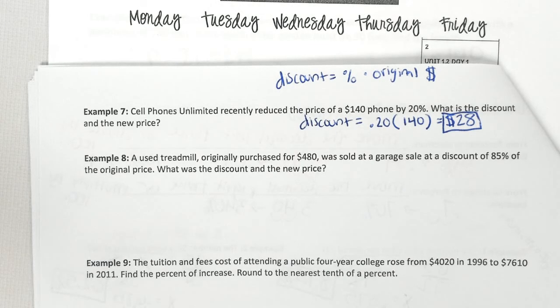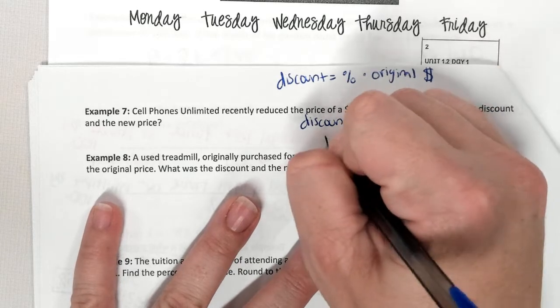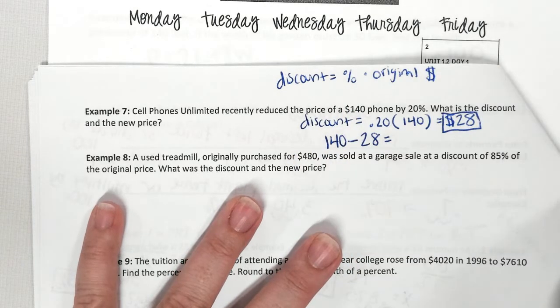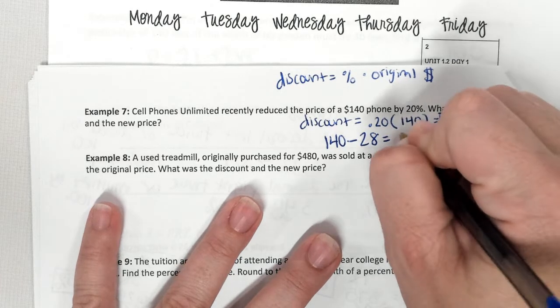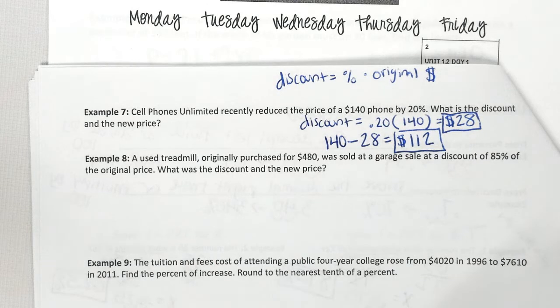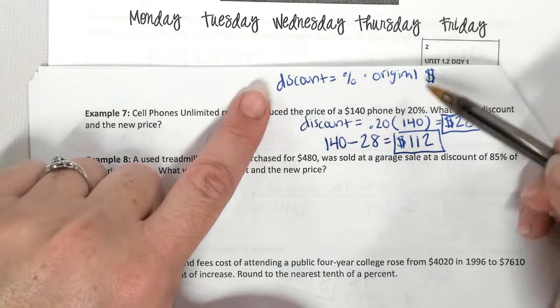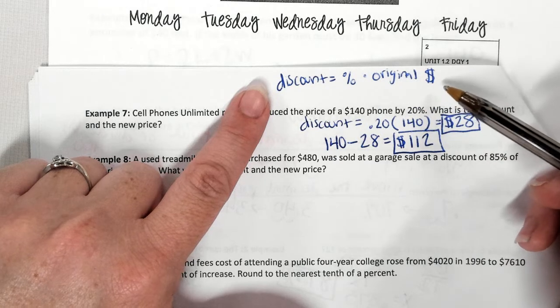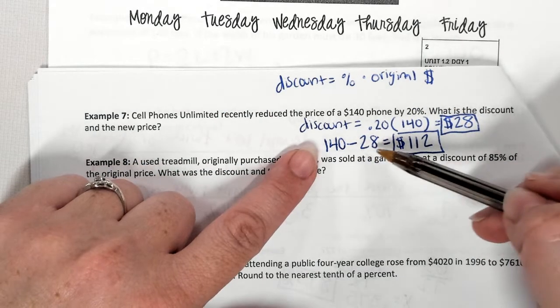Okay, so I found the discount. So how do I find my new price? Subtract 28 from 140. So I'm just going to take my 140 minus 28, and what do I get? Now, what if it was a markup? Well, your first step would be the same. You'd find the percent marked up, how much it was marked up. What would be the difference here? You would add.